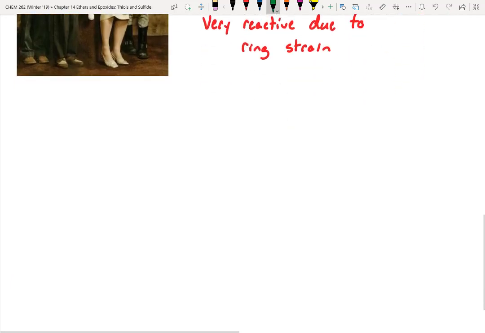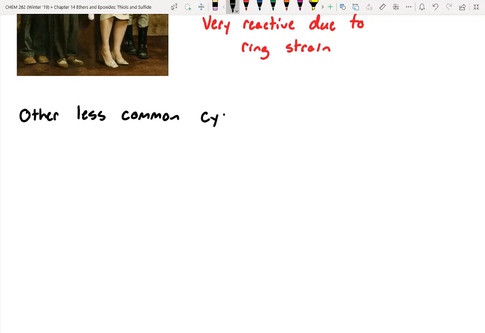All right, there's other less common ones. One is pretty similar to epoxides, but it's got three carbons. These are called oxetanes.